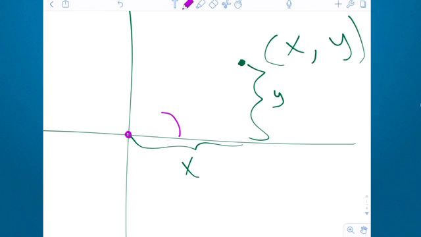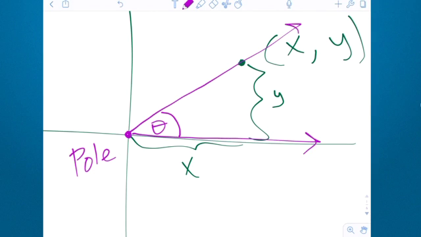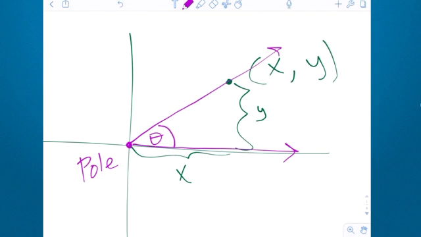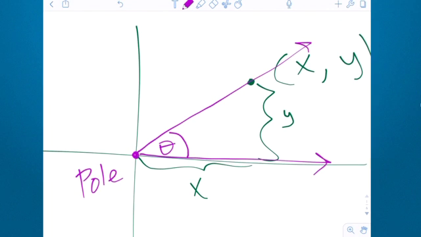I can stand here at the origin, which I'm going to call the pole, like the South Pole or the North Pole, and I can designate an angle that would rotate me like we did in pre-cal, starting off the positive x-axis. I can designate an angle that would rotate me in that direction, and once I'm pointing in that direction, I can then define a distance along that line that I can march out, call it r for radius, to arrive at the same point.